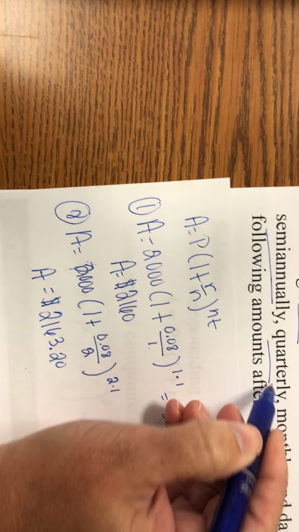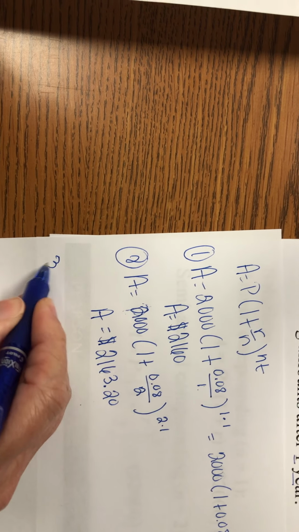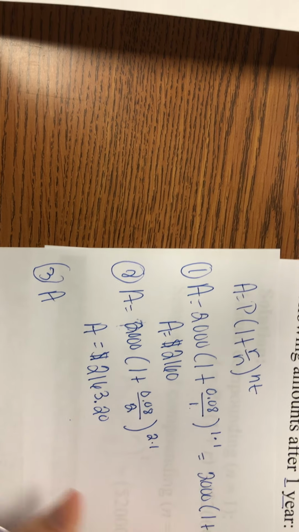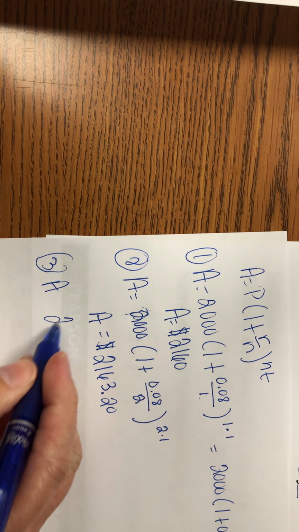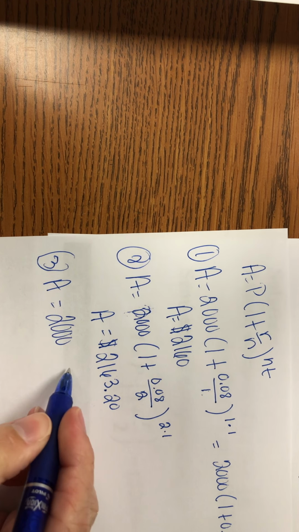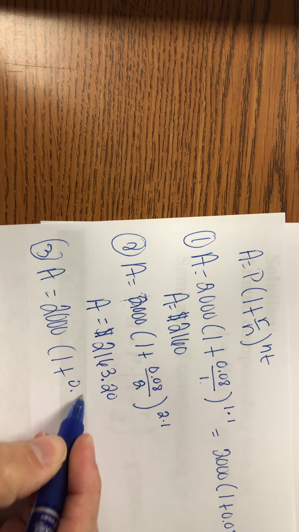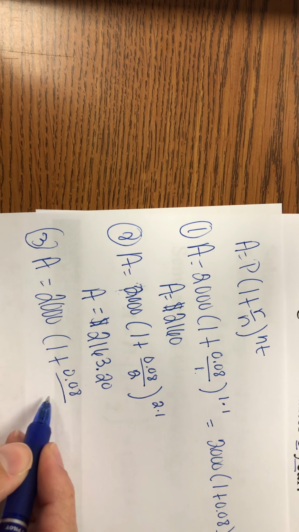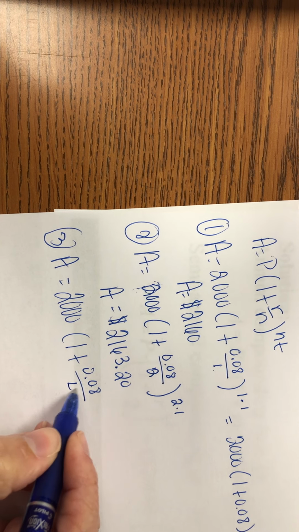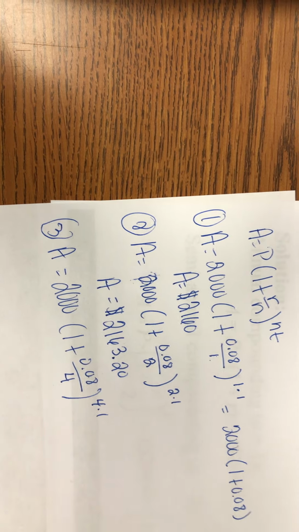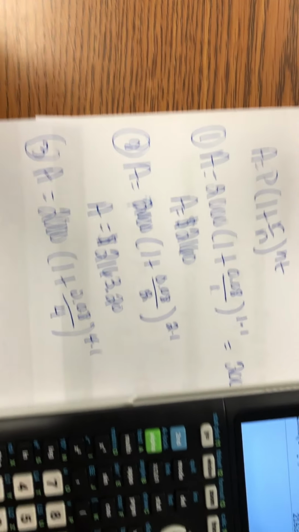Now the third one is quarterly. So on the third one, we'll have 2,000 and 1 plus our interest rate. Now, if you're going to compound quarterly, that's going to be 4 times a year. So you'll raise that up to the 4 times 1.